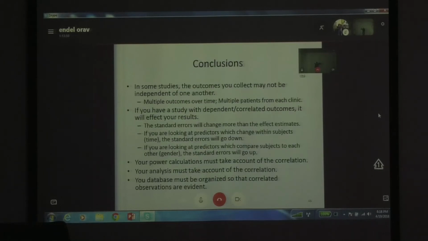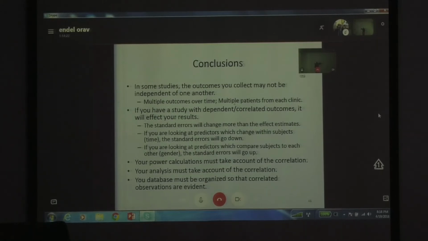So just a summary, then I'll let you ask questions finally. In some studies, the outcomes you collect may not be independent of one another. So multiple outcomes on the same person over time, those are dependent. Multiple patients from the same clinic, those may be dependent. So this is my longitudinal study design.